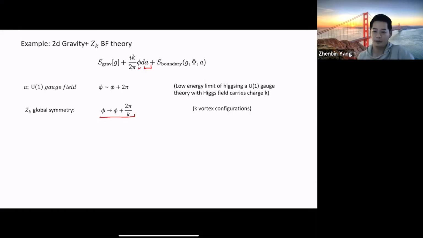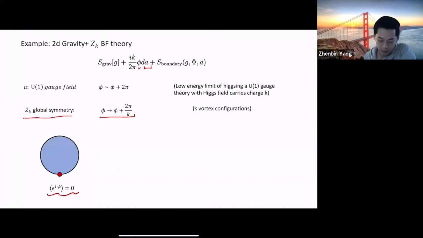and you can shift between these vortex configurations. Then you can look at the transition probability between, say, one vortex and zero vortex. If you just look at one copy of the system, the expectation value of e^{i phi} will give you a zero answer just due to this Z_K global symmetry.